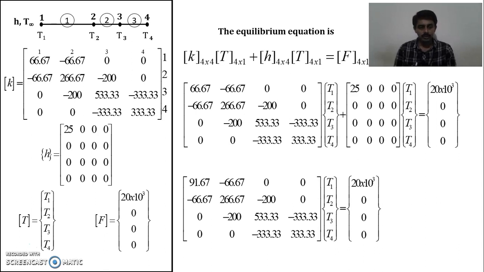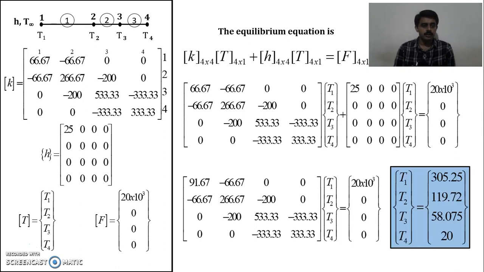T4 is already known, 20 degrees is given. When we solve using either a calculator or in terms of equations, we will finally reach these numbers, where T1 is 305.25 degrees C, T2 is 119.72 degrees C, T3 is 58.075, and T4 is the given value, 20 degrees.